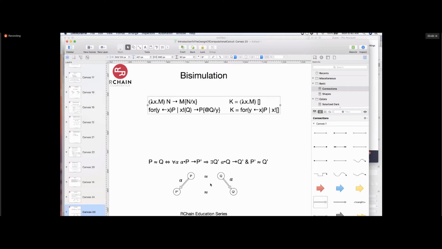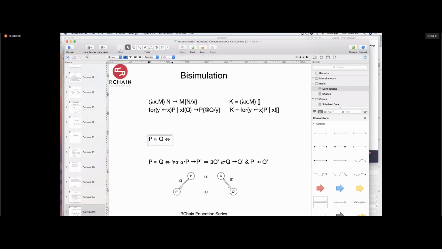What I want to get across is that there's something magical going on, because we will get a variant of a theorem that looks like this.